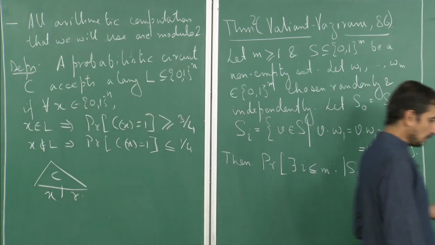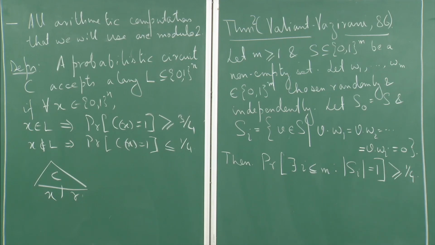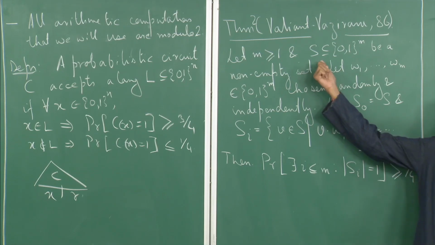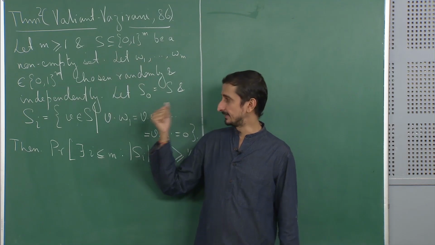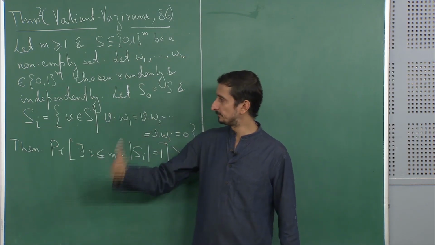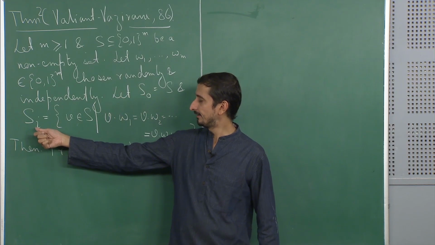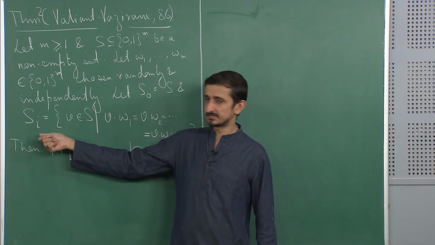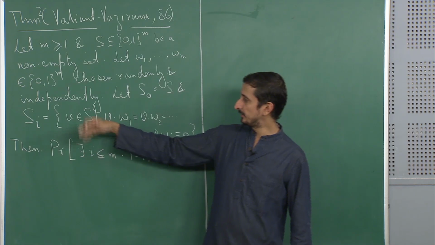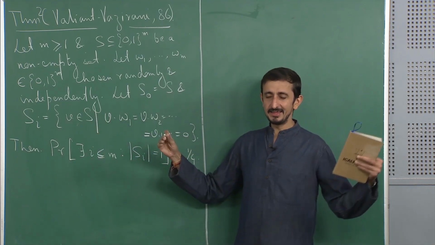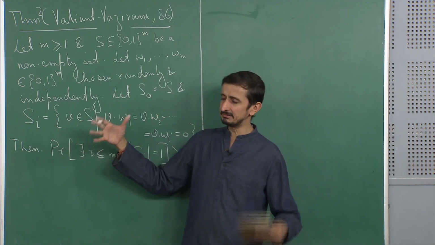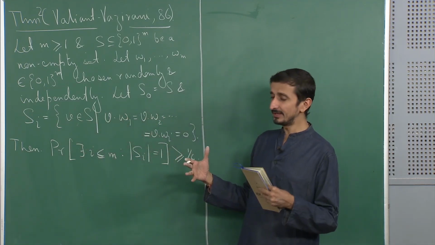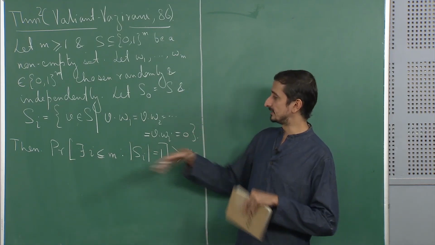So what is this theorem saying? You take some non-empty subset of vectors. S can have any size. In a sequential manner, I will be building these sets S1, S2 up to Sm, such that at each step I reduce the number of vectors in S. So the size of each Si progressively potentially reduces. How does it reduce?